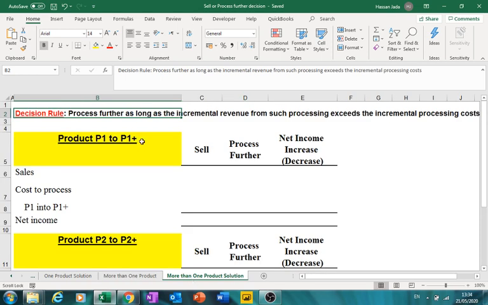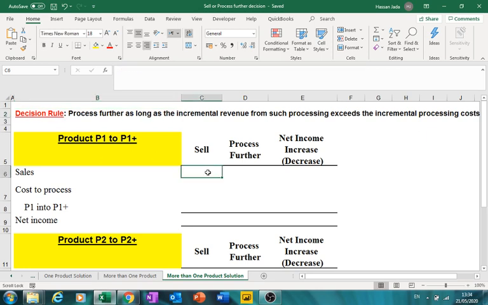Here, if we go to the solution, the decision rule is process further as long as the incremental revenue, the additional revenue from such processing, exceeds the incremental processing cost. Okay, we have here product 1 and product 2. Here we have sales, sell or process further.